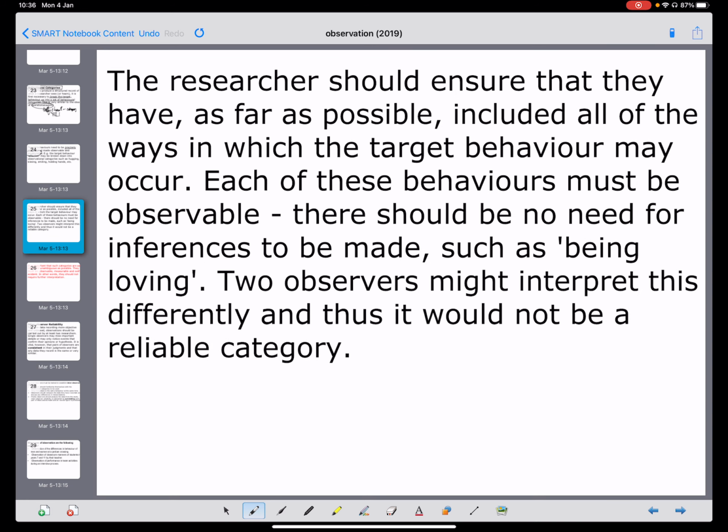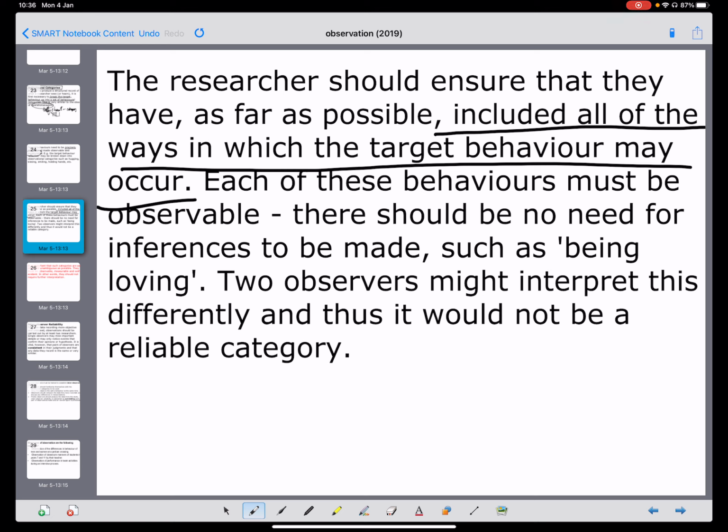Okay. Now, of course, the thing that we're looking at says include all of the ways the target behavior may occur. Now, it could be that this is why we would do something like a pilot study, because maybe there's behavior that we didn't consider and that we will then observe it and then add to it.